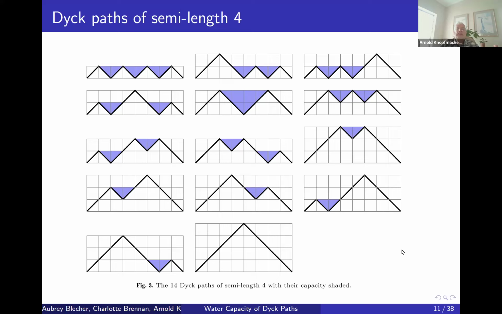And as you can see, all of them have some water, except for the very last Dyck path, which doesn't. And if you actually add up all the areas, remembering that when you have a diagonal, you're getting half an area of a square, so we want our area to be the equivalent area of full squares, indeed, this does work out to be 24. So the good news is the generating function looks like it's correct.